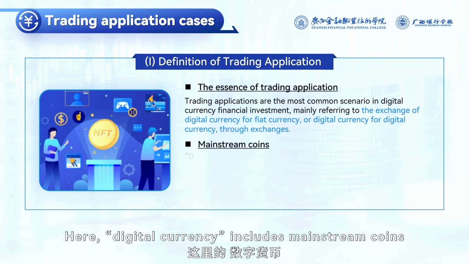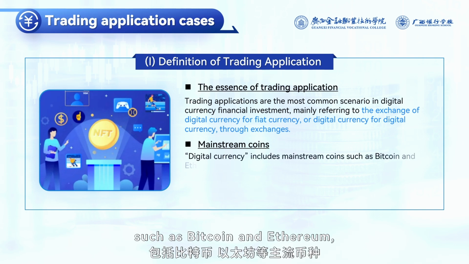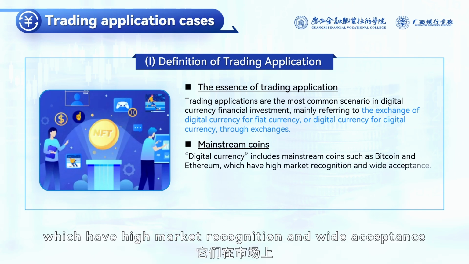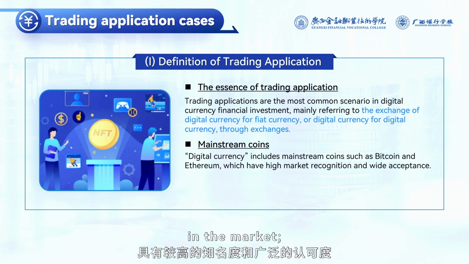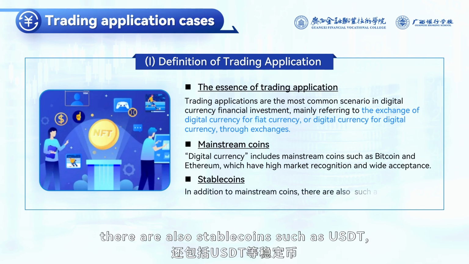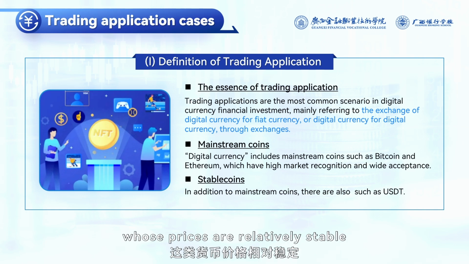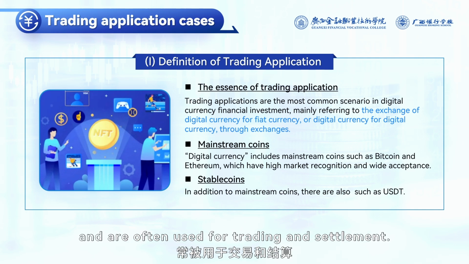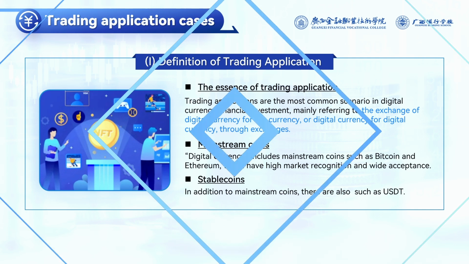Here, digital currency includes mainstream coins such as Bitcoin and Ethereum, which have high market recognition and wide acceptance in the market. In addition to mainstream coins, there are also stable coins such as USDT, whose prices are relatively stable and are often used for trading and settlement.